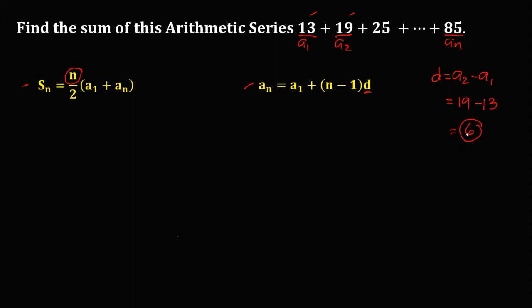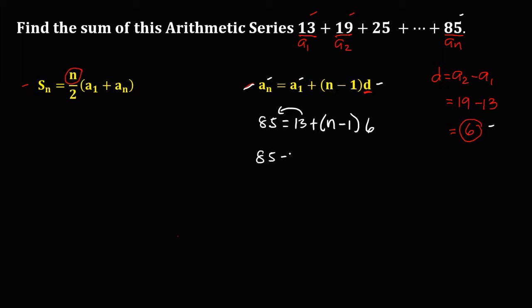So to find the number of terms, using this formula, a sub n, that's 85, equals a sub 1, that's 13, plus n, the number of terms, minus 1 times the common difference, that's 6. Then simplify, so transpose this positive 13.